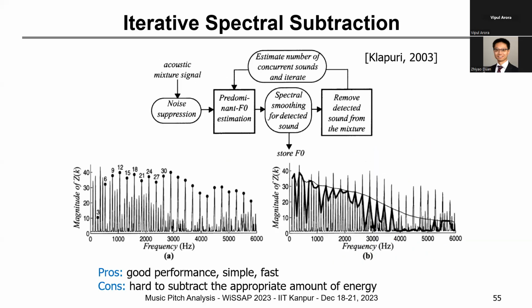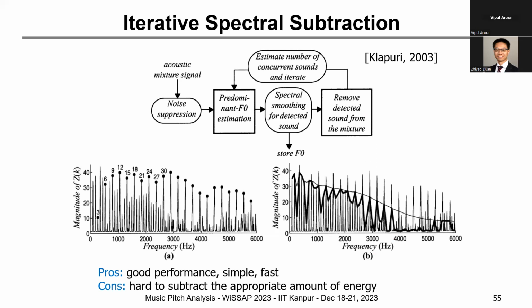Okay, so let's very briefly introduce some of the methods. In the first level, we're trying to detect the pitches and the number of pitches. There's a classical method called iterative spectral subtraction. It's similar to iterative spectral subtraction for speech enhancement, for example. It's an iterative process. We start with the signal for analysis. In each iteration, we try to estimate only one pitch, called the predominant pitch, the pitch that is most prominent in the mixture.